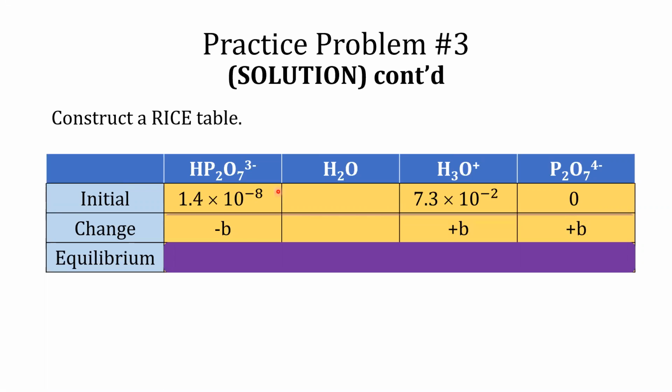The change is minus B for hydrogen diphosphate ion and plus B for both hydronium and diphosphate ion.